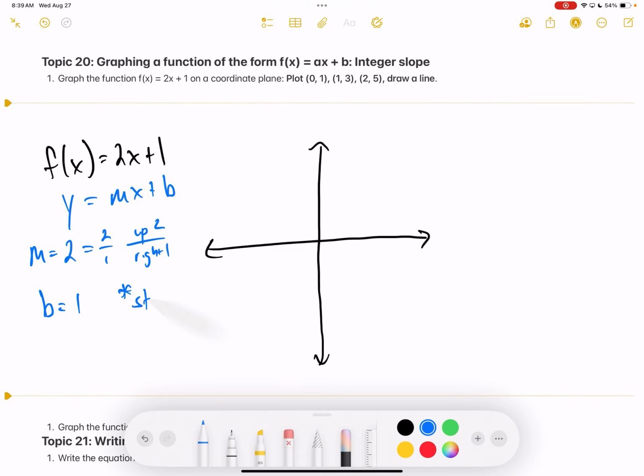Nothing is changing as far as what we are doing. So I start at 1, and then I go up 2 to the right 1. It's just a different type of notation that they use.